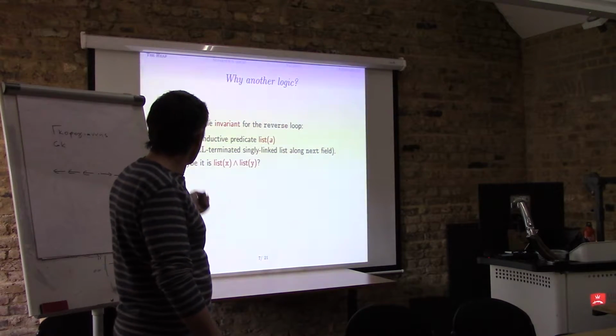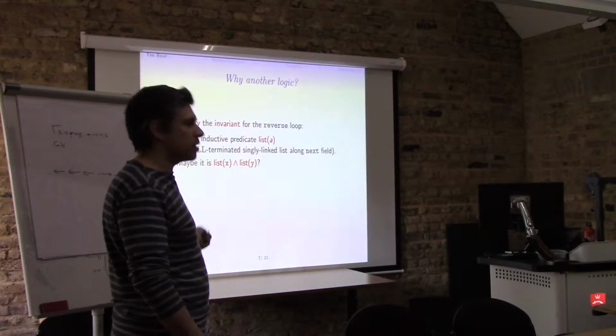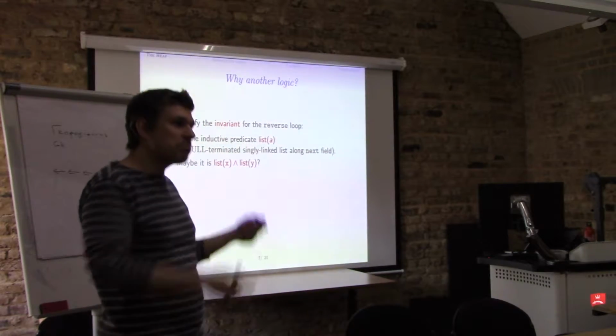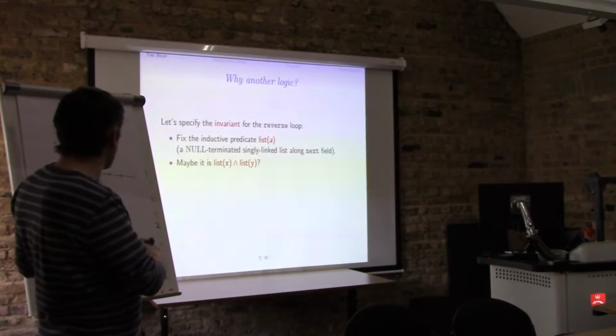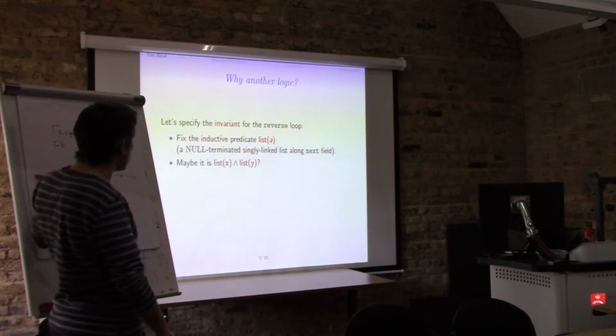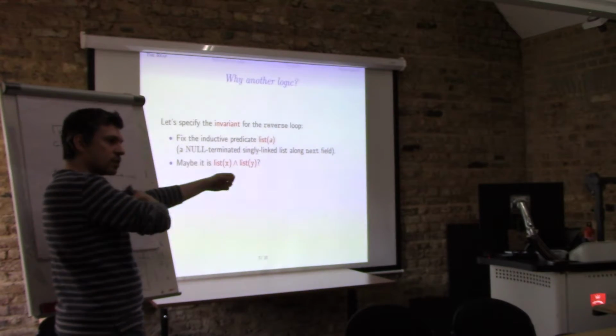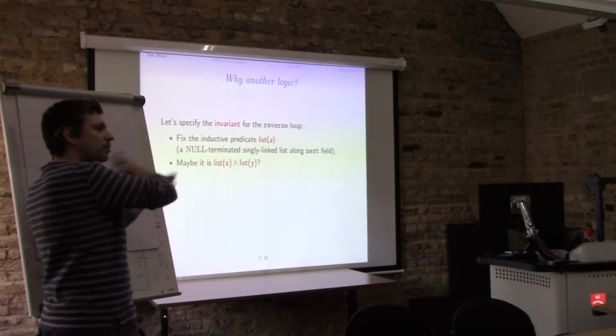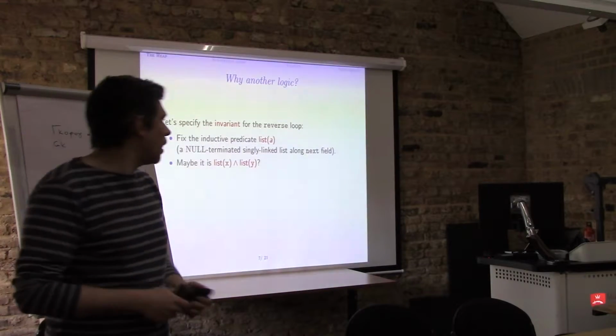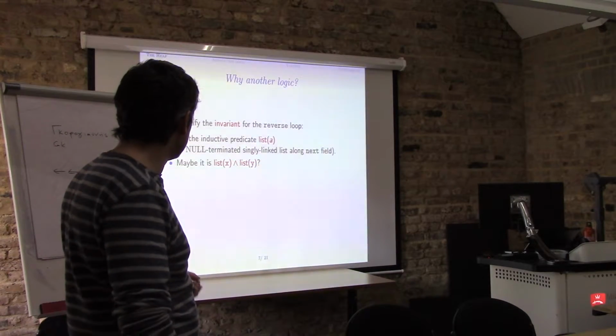So maybe we can use a simple conjunction. X is the program variable that goes forward, and Y is keeping the backward running list, right? So we can shift stuff from X to Y. So maybe that is good enough.